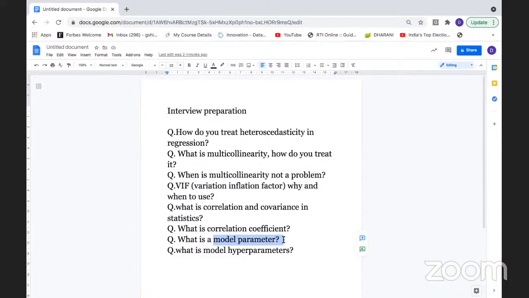So if I specify the differences here, these are the model parameters, the weights.